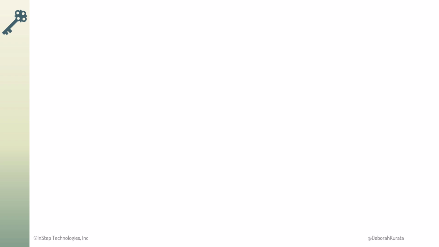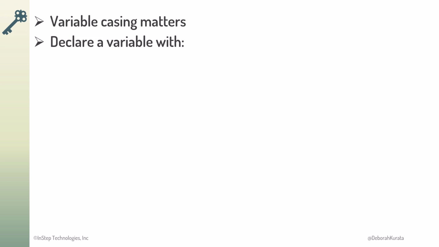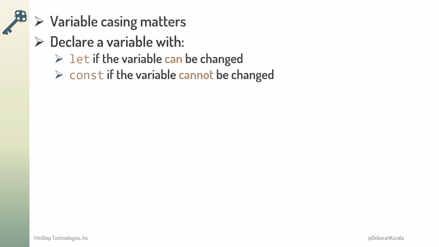So, here are some key takeaways about variables. Variable casing matters. JavaScript is case-sensitive, meaning that a variable must be spelled exactly the same with the same casing everywhere it's used. Declare a variable with let if the variable can be changed, and const if the variable should not be changed.